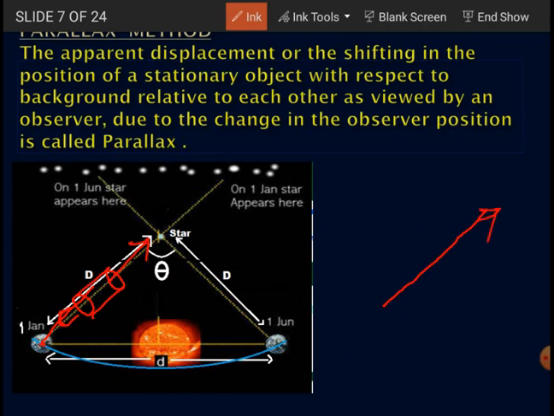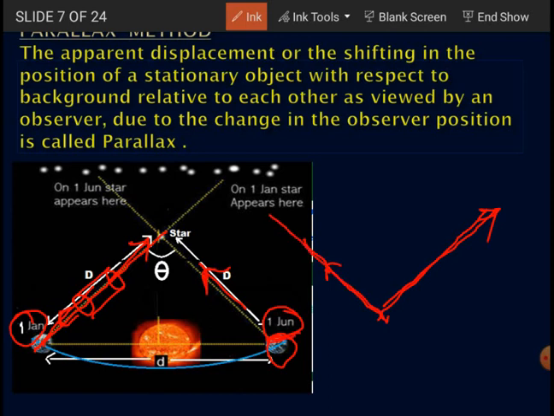This is the first line of sight, when the date is 1st January, so this is the direction. And by tilting the direction of the telescope, you try to draw another line parallel to this line of sight at 1st June.